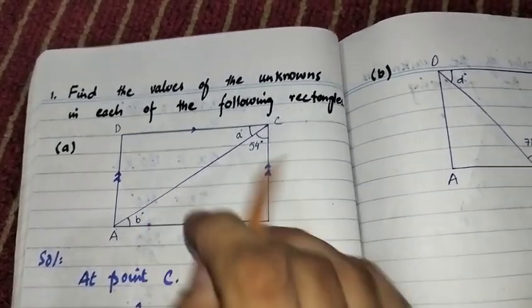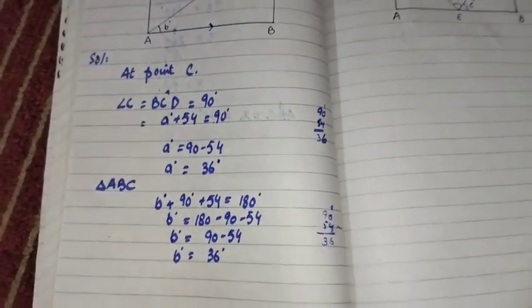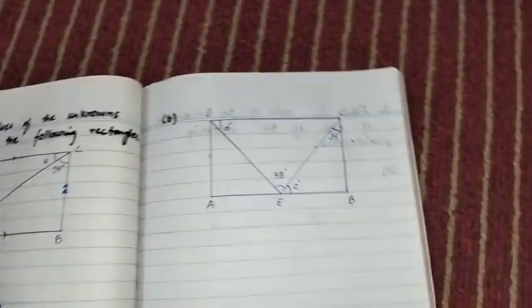So A must be equal to B, and both are 36 degrees. So moving to the second part.